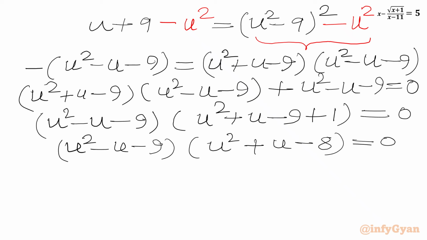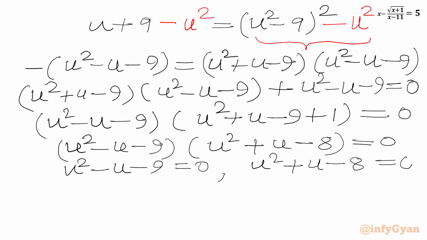Now we can use the product zero rule. So we will write either u² − u − 9 equal to 0 or u² + u − 8 equal to 0. Now both equations are quadratic in u. We are going to use the quadratic formula.